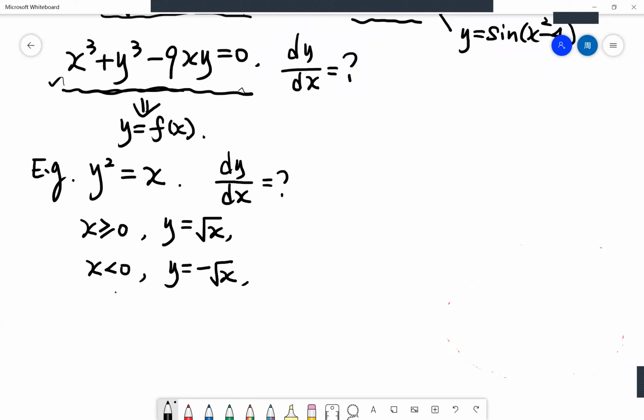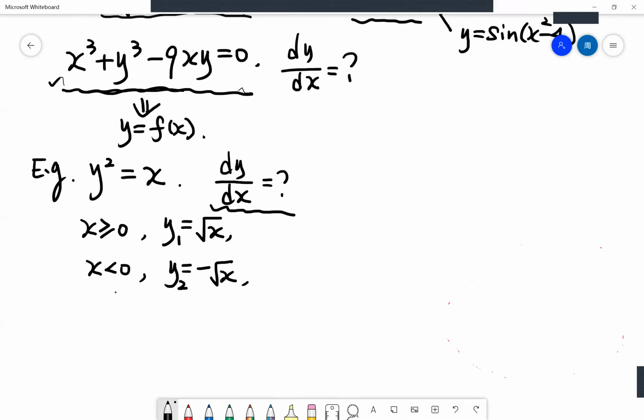If you want to find dy by dx, you have to calculate the derivative of y sub 1 and y sub 2. So this is a direct way.